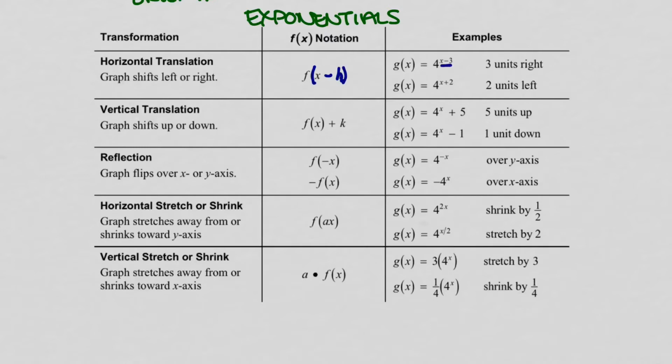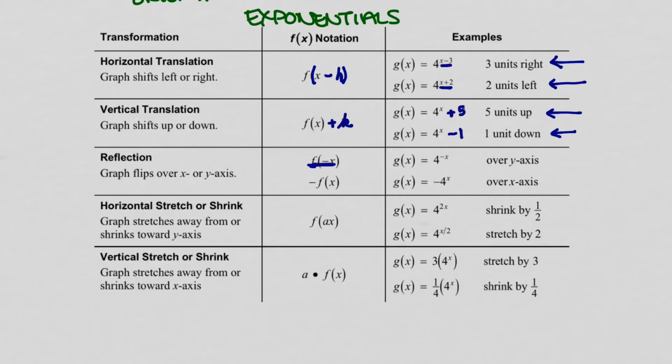So here you see up in that exponent with the x, we had a shift that was minus, it moved it to the right, and it was plus and it moved it to the left, just like what we're accustomed to. If we have a vertical translation, it's kind of out on the end and you add or subtract. So here we added 5, we subtracted 1, you can see how that affected it right here.